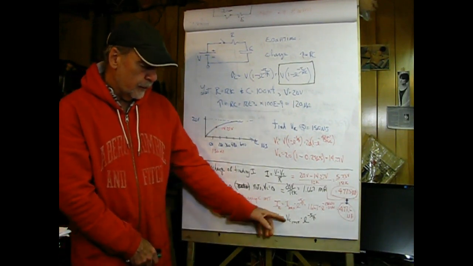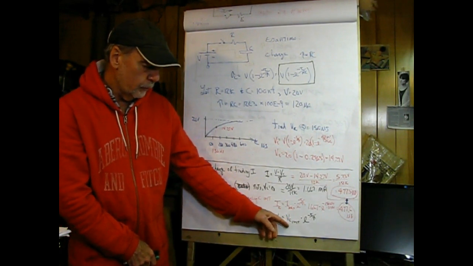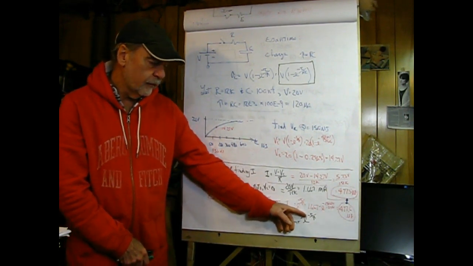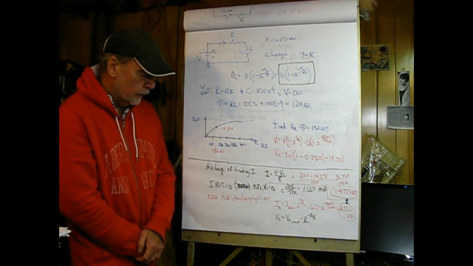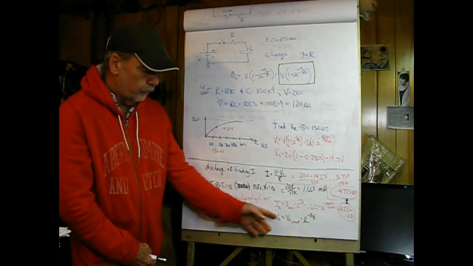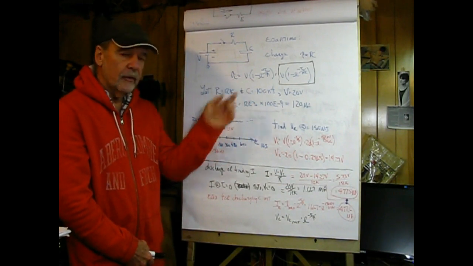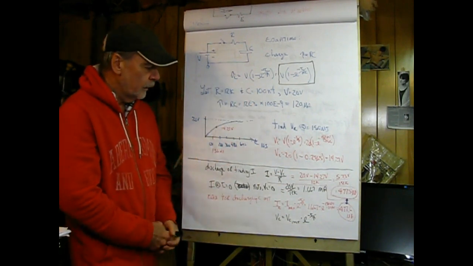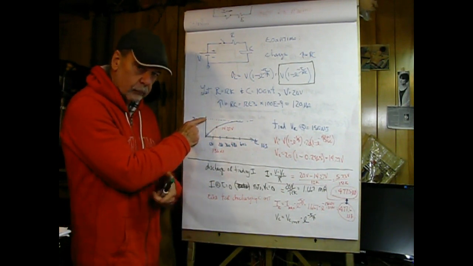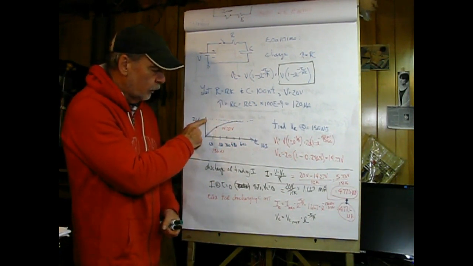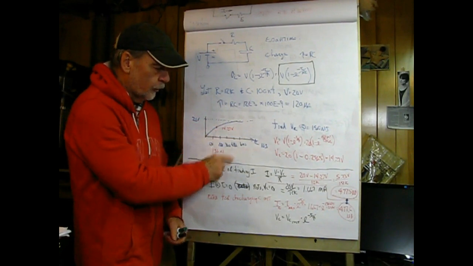We could also do that using this formula. And this is going to be the voltage VC initial times e to the negative t over our time constant tau. Now this guy here is missing the 1, which means it's going to be decaying. So what our current would look like if I were to plot it on here, I have not, is it would look like decaying towards 0.